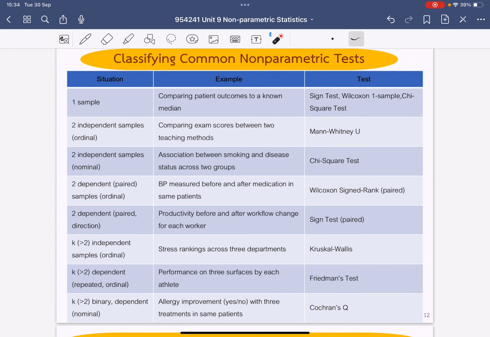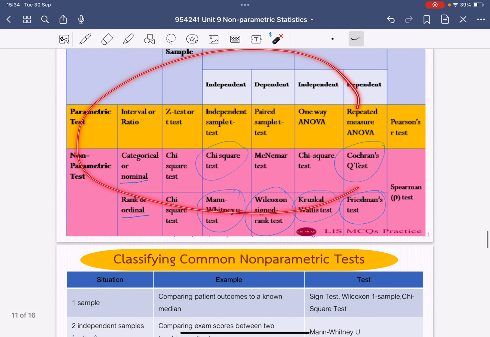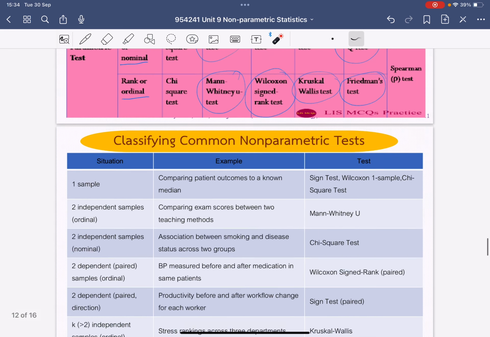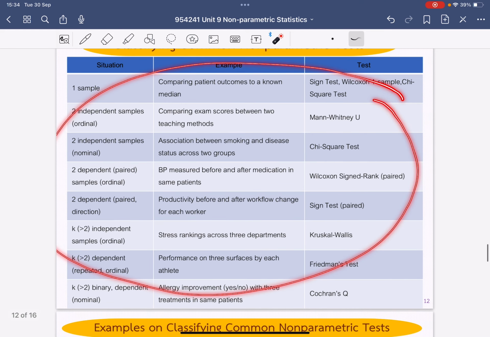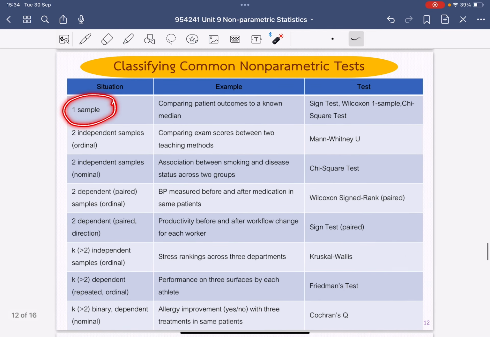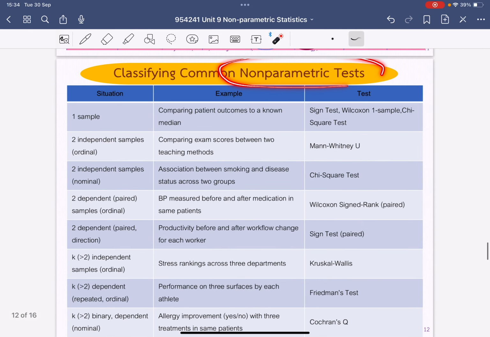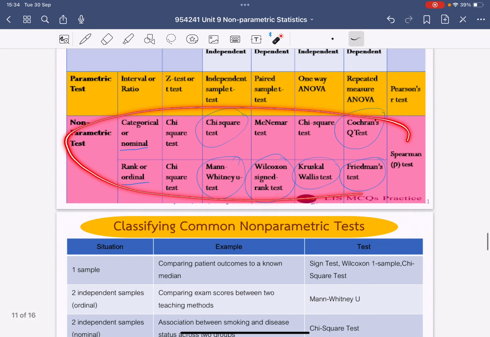I put more detail, so actually they are the same. So more detail here with examples. For one sample, for example, this is for non-parametric tests, down here, the pink one.